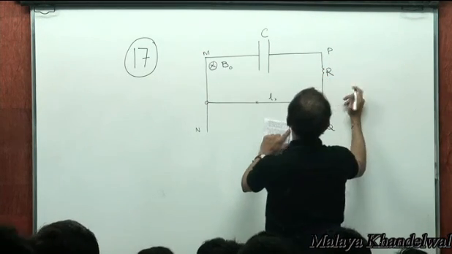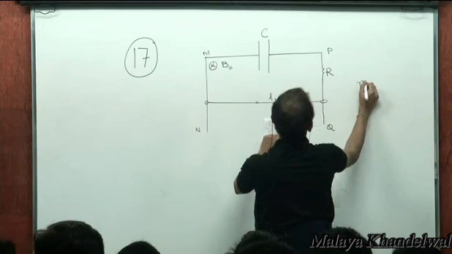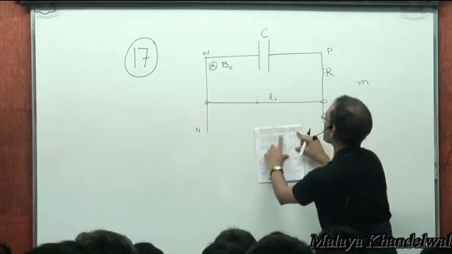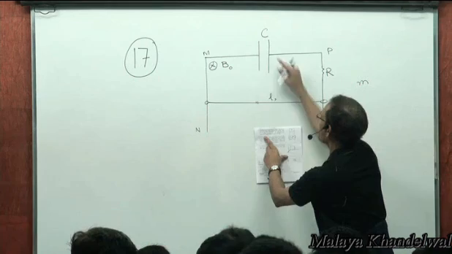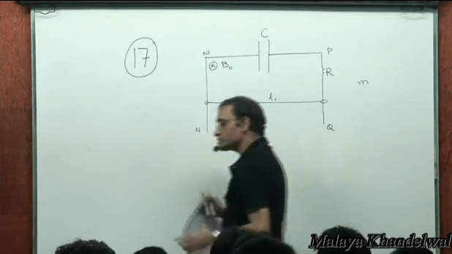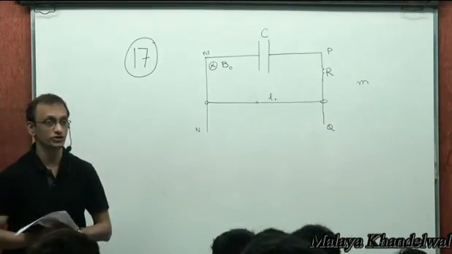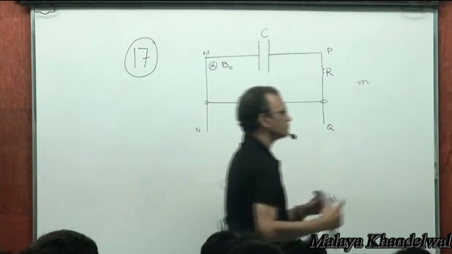This has length L and resistance R, and say mass M. The capacitance is C. We want to find the maximum current that could be produced in the circuit.